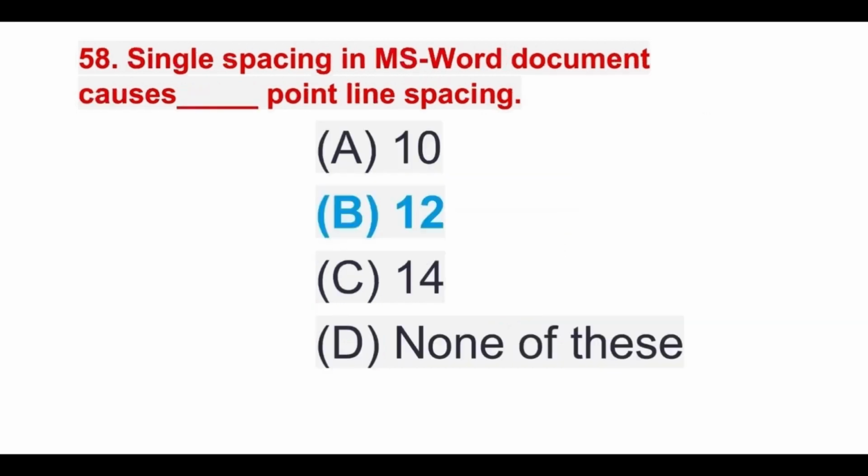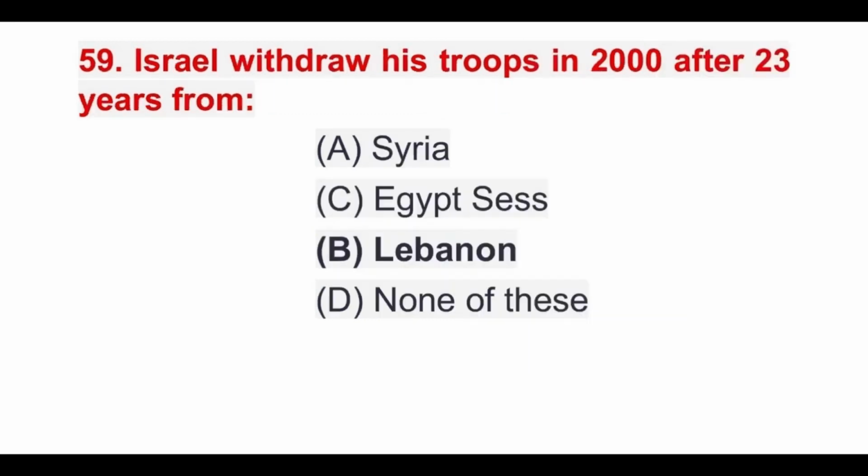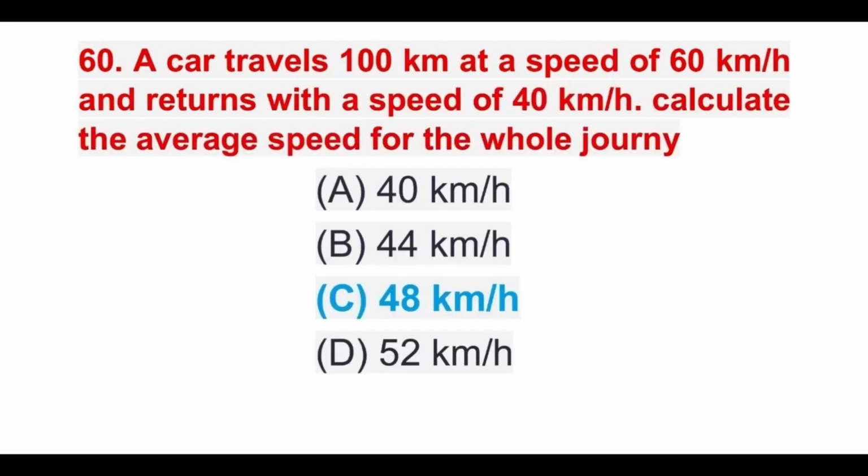Question number 58. Single spacing in MS Word document causes underscore point line spacing. That answer is 12. Question number 59. Israel withdrew his troops in 2000 after 23 years from. That answer is Lebanon.